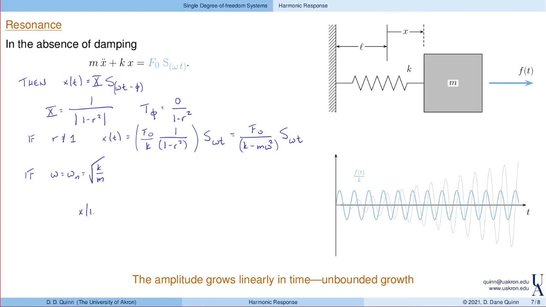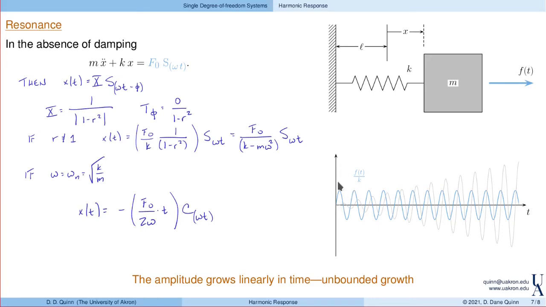What we find is that the particular solution looks like minus f naught, the forcing amplitude, divided by twice the frequency, times t cosine omega t. So this term in parentheses looks like the amplitude, except now the amplitude is not constant. It actually grows linearly in time, so as time goes by, this response gets larger and larger.